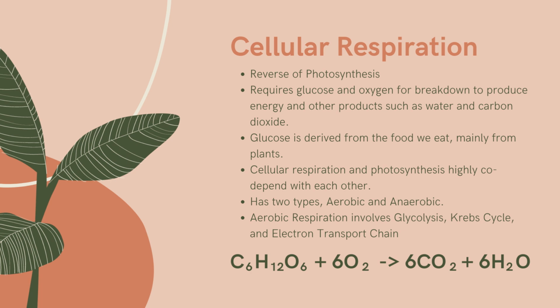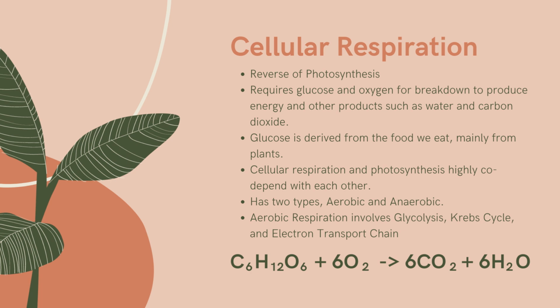That is why it is called the reverse of photosynthesis, because it breaks down the products that are produced in photosynthesis to produce energy. Cellular respiration has products such as water and carbon dioxide.